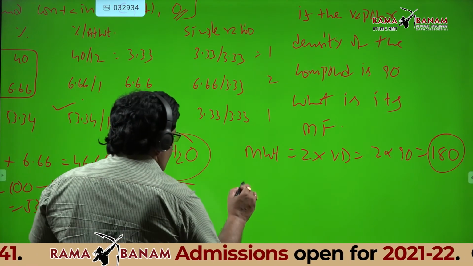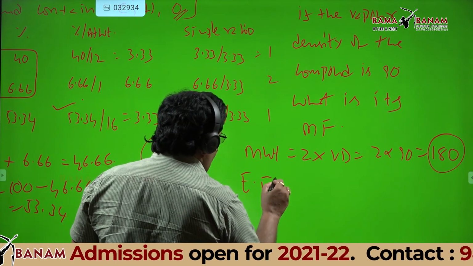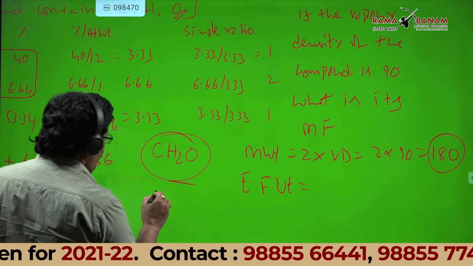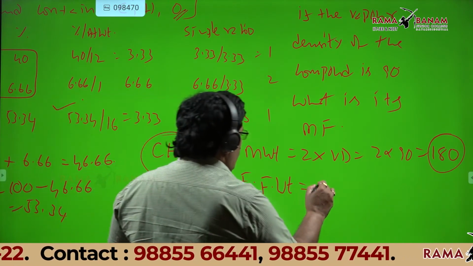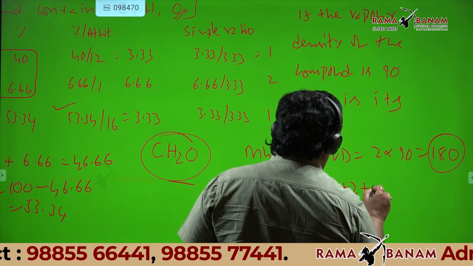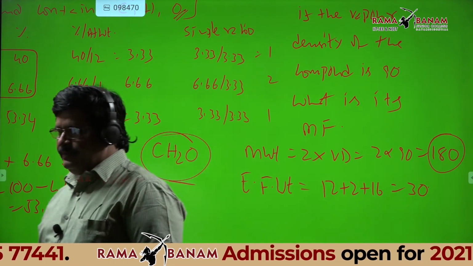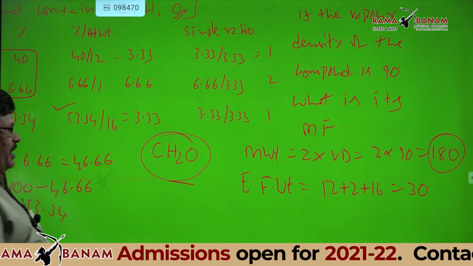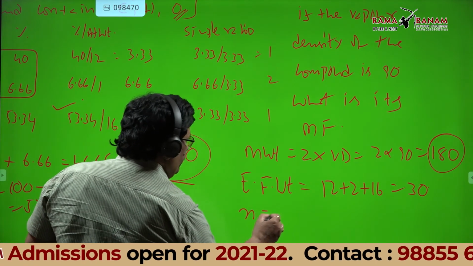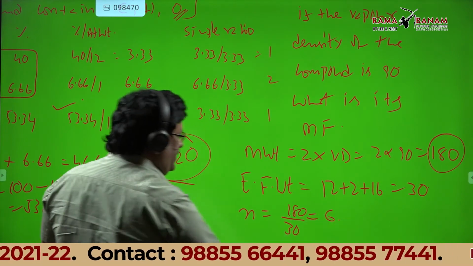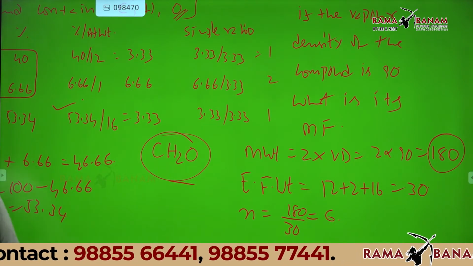Then what is the empirical formula weight? This is CH2O: 12 plus 2 plus 16, it's 30 only. Then what is the n value? 180 by 30, 6.